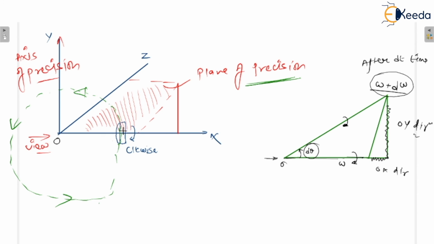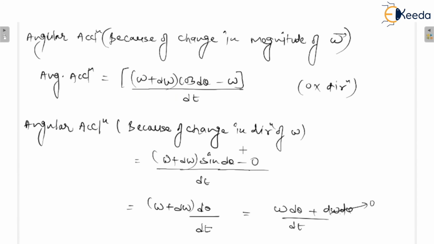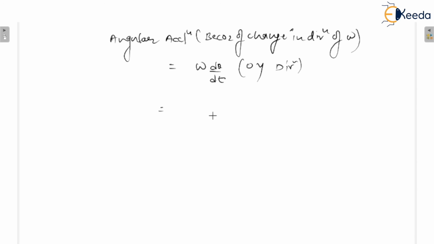So when the body is rotated through an angle d theta, d theta by dt becomes the angular velocity of precession.